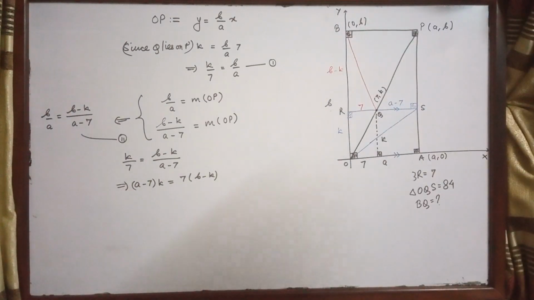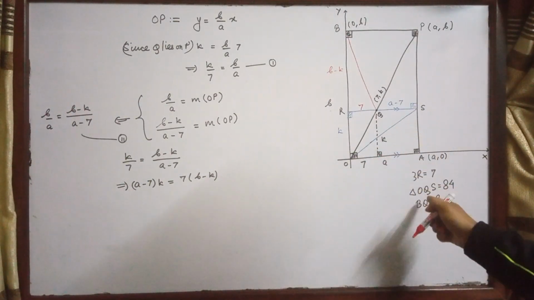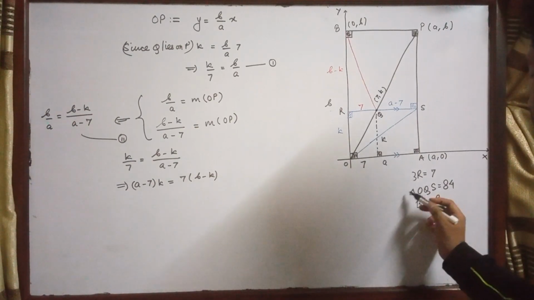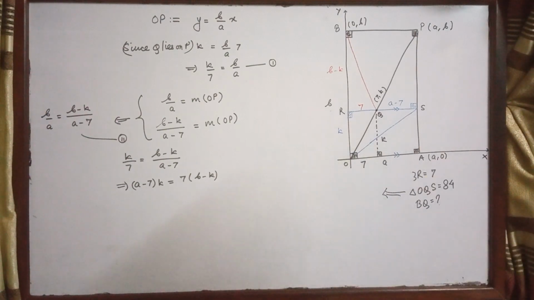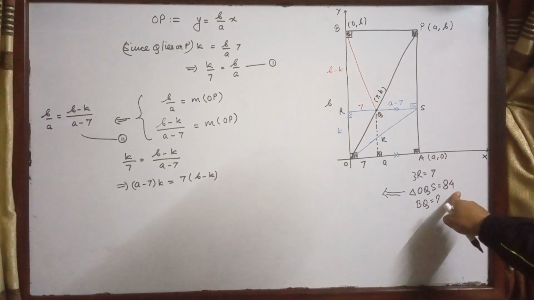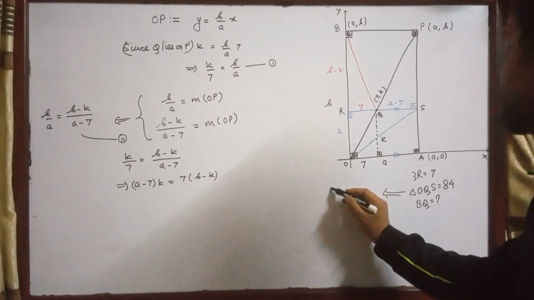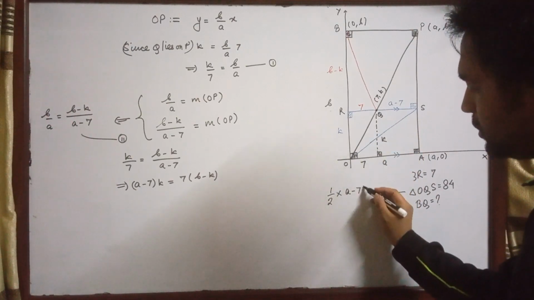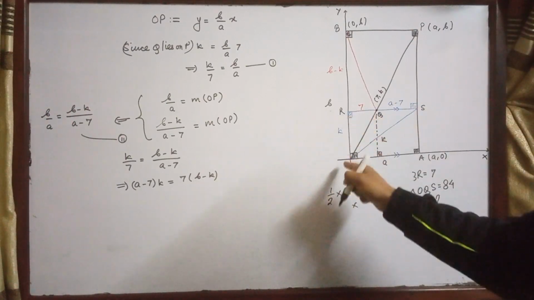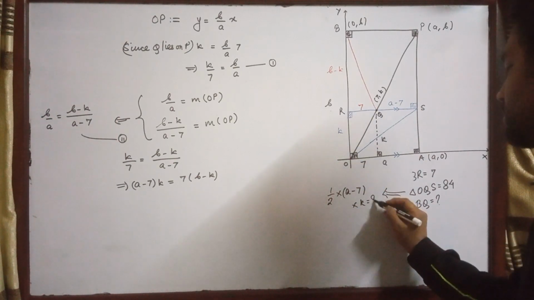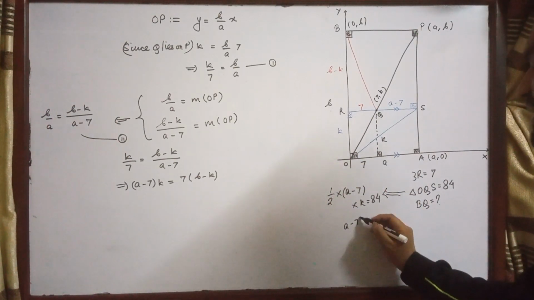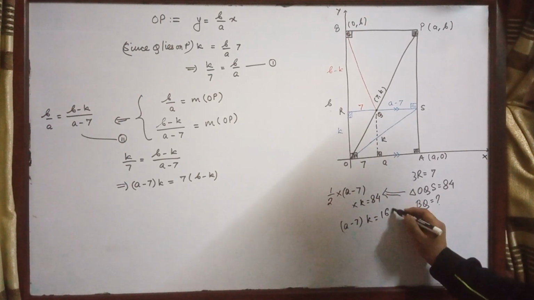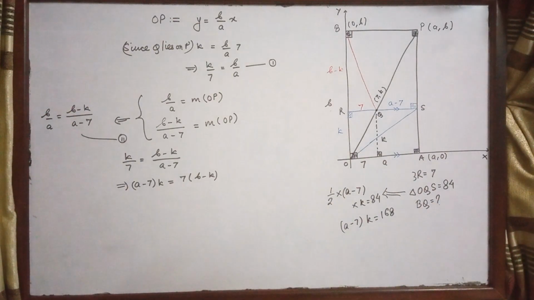Now let's see. We know that triangle OQS has an area of 84 units. So this is half times A minus 7 times K. So A minus 7 times K is equal to 84 times 2, which means 168.